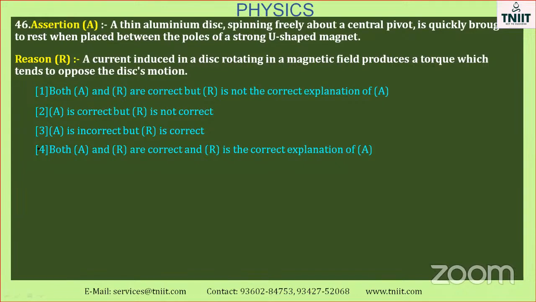Now, one more question related to assertion and reason statements. A thin aluminum disc spinning freely about a central pivot is quickly brought to rest when placed between the poles of a strong U-shaped magnet.